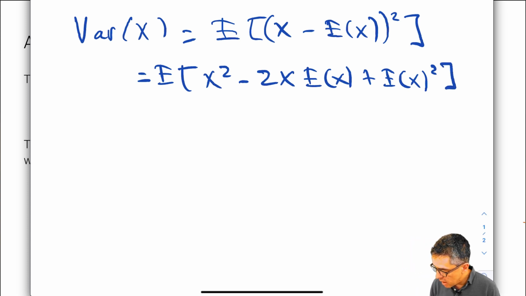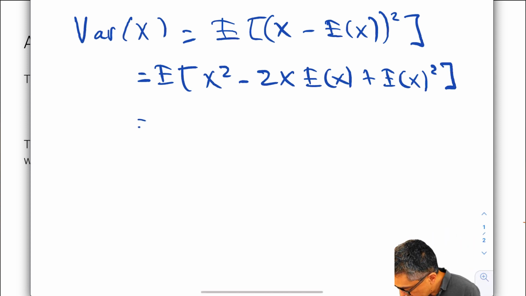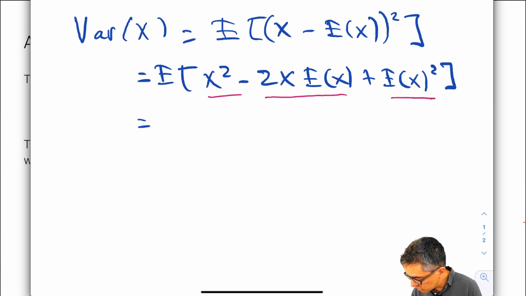Now let's keep in mind what we said about the linearity of expectation, right? Because this is a sum of 3 terms, there's one term here, one term here, and one term here, so the expectation distributes over those 3.